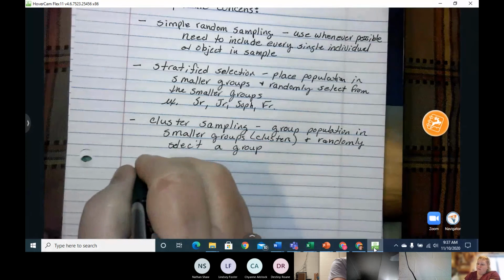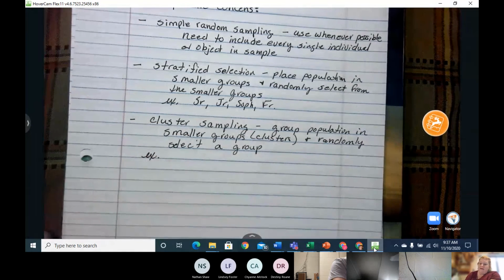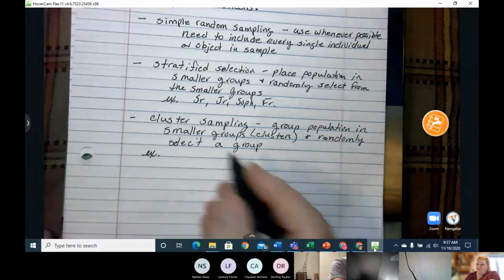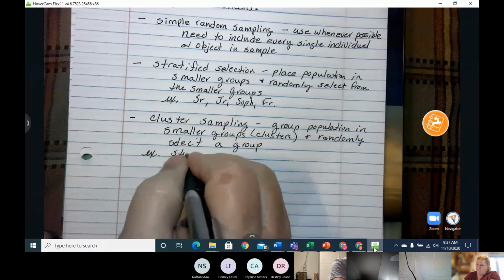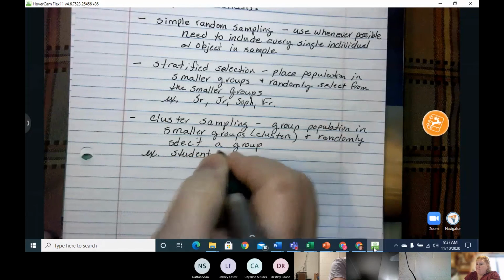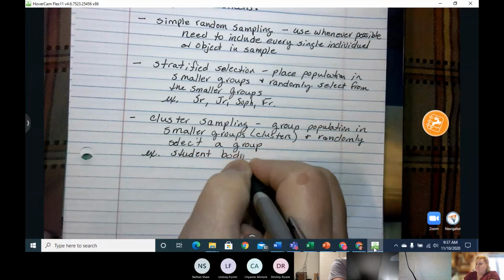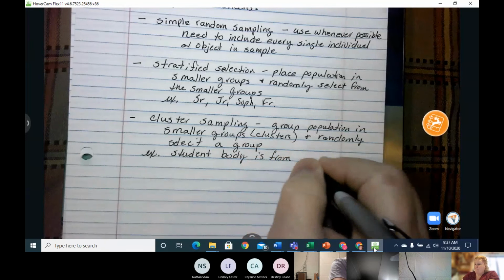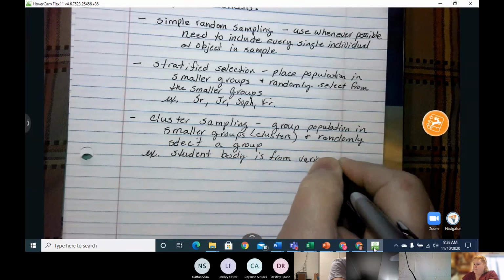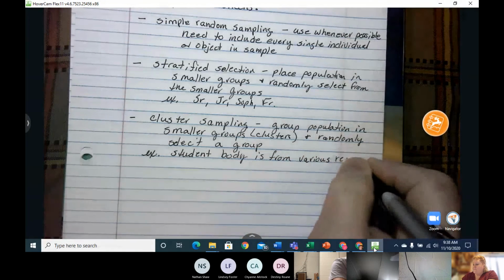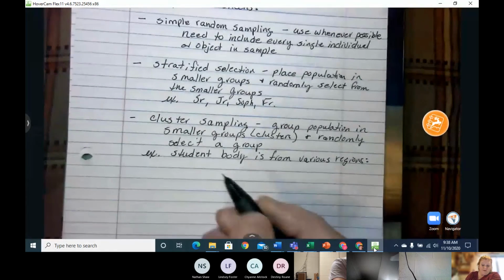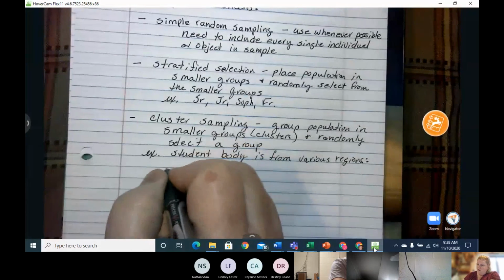So an example would be, we have our student body from different regions. For example, we have people from Northern Virginia.